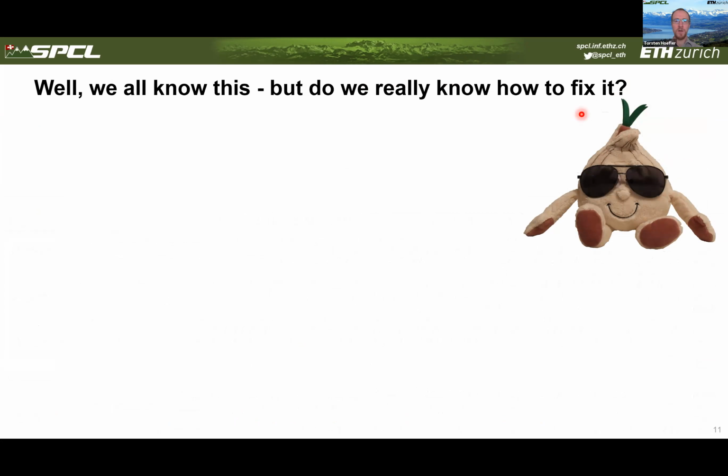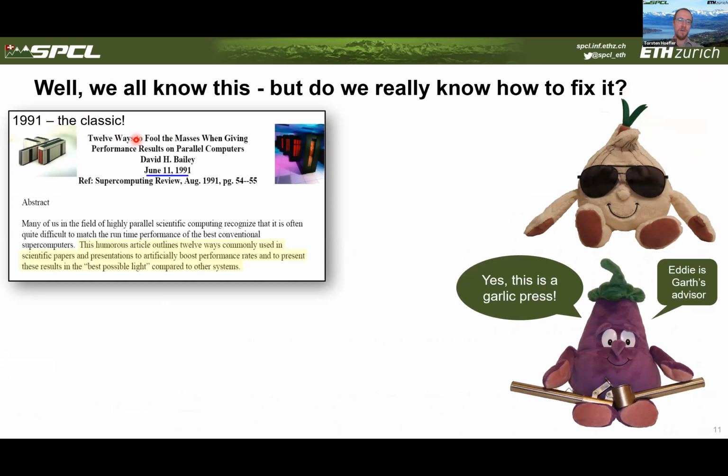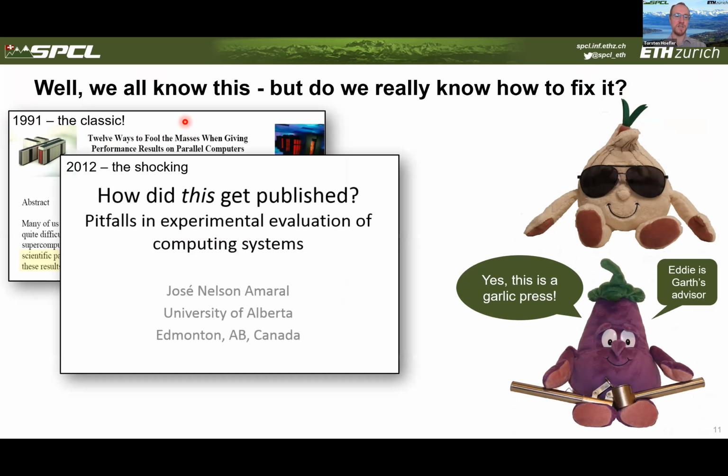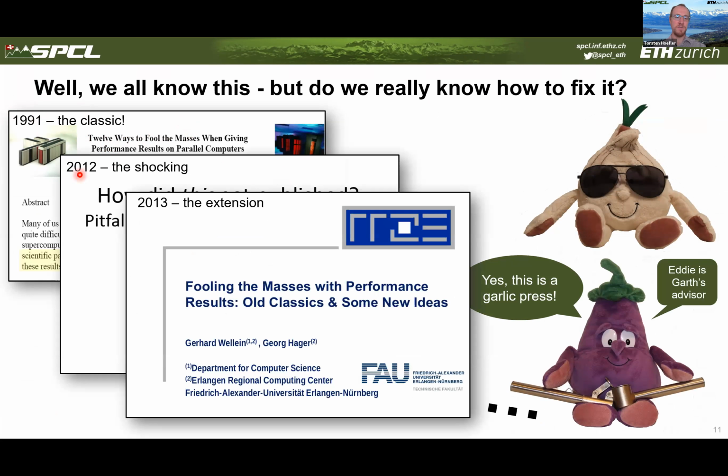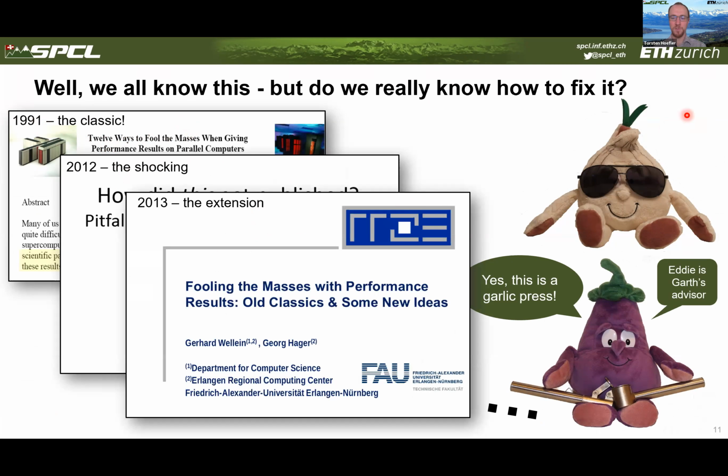So we all know about this, but how do we fix this? Well, actually, this is a long-running discussion that we are having. Nearly 30 years back, there was this very famous paper, 12 Ways to Fool the Masses when Giving Performance Results on Parallel Computers. This was continued with various other papers that were basically all complaining, for example, how did this get published, about the state of the art in performance measurement and performance analysis.